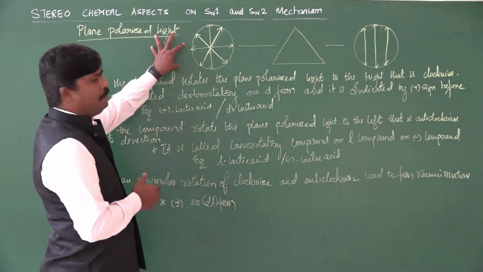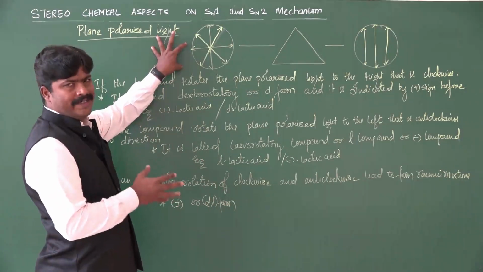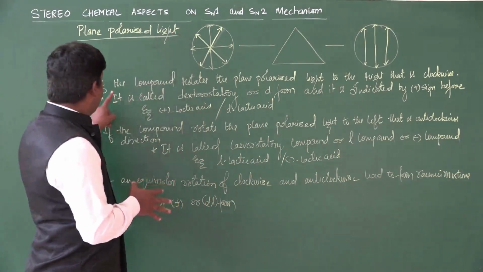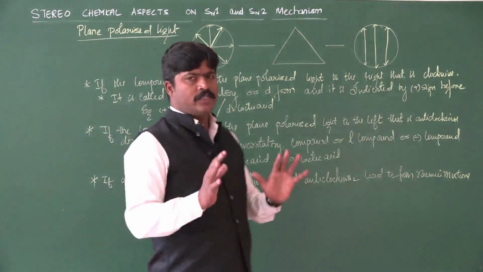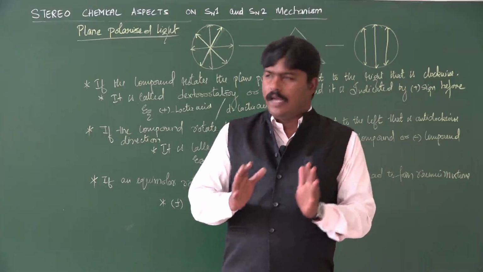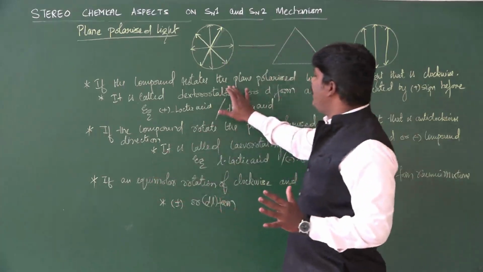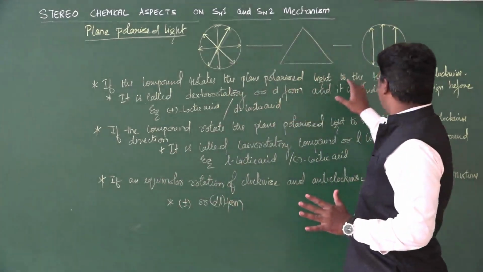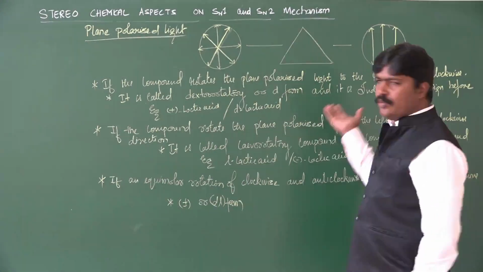So, I am passing the PPL, that is plane polarized light, through an organic compound. We are discussing optically active compounds, so this compound will rotate. Now, remember, if the compound rotates the plane polarized light to the right, that is clockwise.